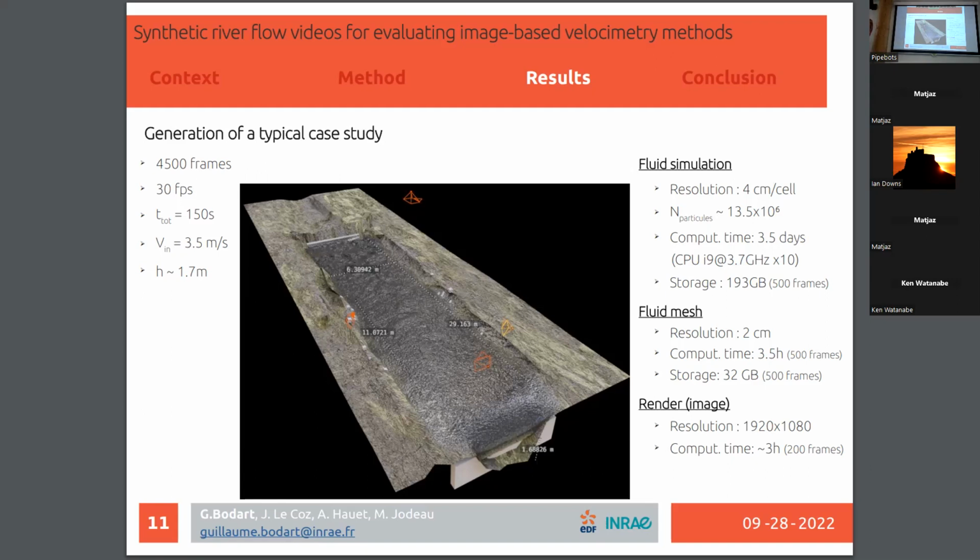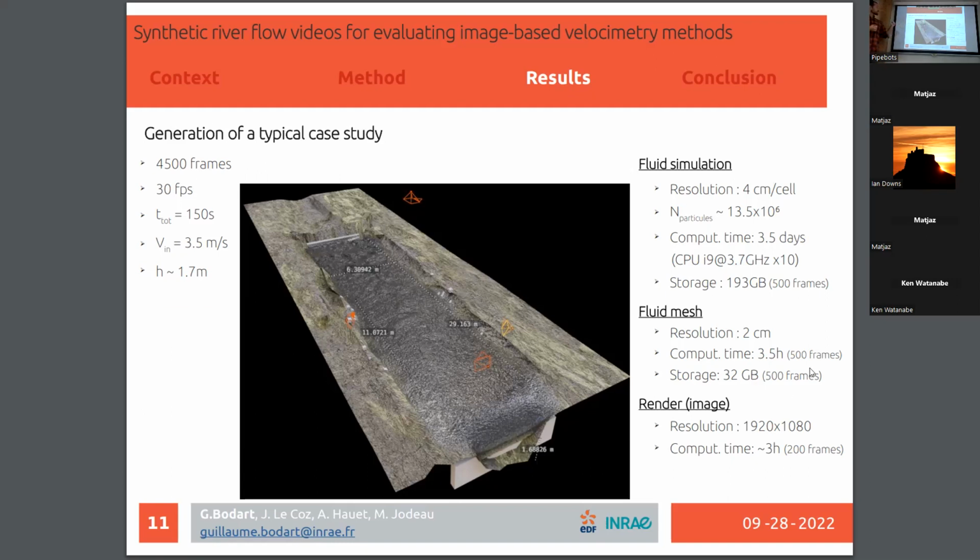So quite a high resolution, and it takes almost 3.5 days to compute. But the advantage is that with this simulation, we can generate many different scenes or many different water aspects. So we can play with a lot of error sources with just one simulation.